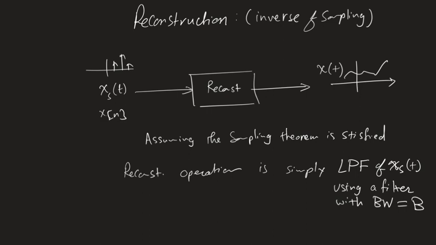And then, as part of that, we have already figured out how you can reconstruct the original signal, how you can recover the original continuous time signal, which is called the reconstruction operation, which is the inverse of the sampling operation. So you have a sampled signal, you put it to the reconstruction filter, and it comes out as a continuous time signal, right?